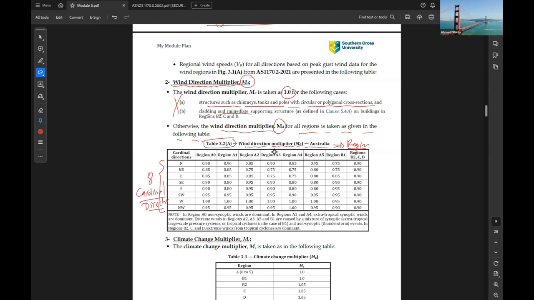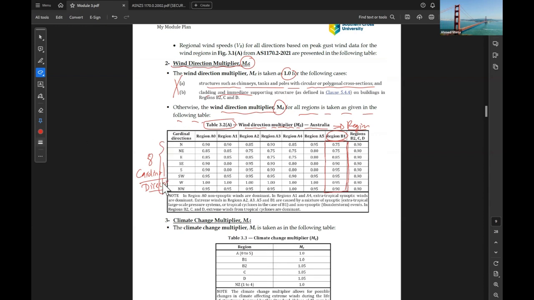For example, B1 from the previous example. So how many factors are we using? 8. Okay, so we will have 8 MDs. So we get these 8 values of MD. That's why we have 8 cardinal wind directions, because we have 8 values of MD.